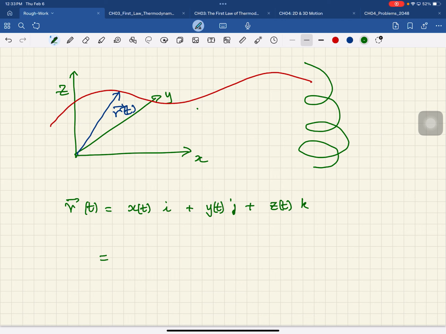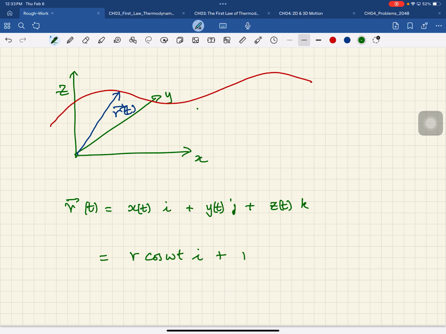Okay, so I'll give you an equation for that: r(t) = R cosine omega t i plus R sine omega t j plus (5t plus 7) k.